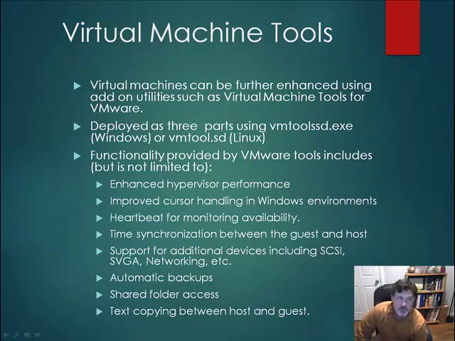This toolset really is deployed as a three-part toolset, and if you're going to be installing that in Windows, you're going to be looking for the vmtoolssd.exe file. If you're going to be installing in Linux, the installation file is going to be the vmtool.sd. But either way, it's going to provide a significant amount of functionality to your virtual machines.